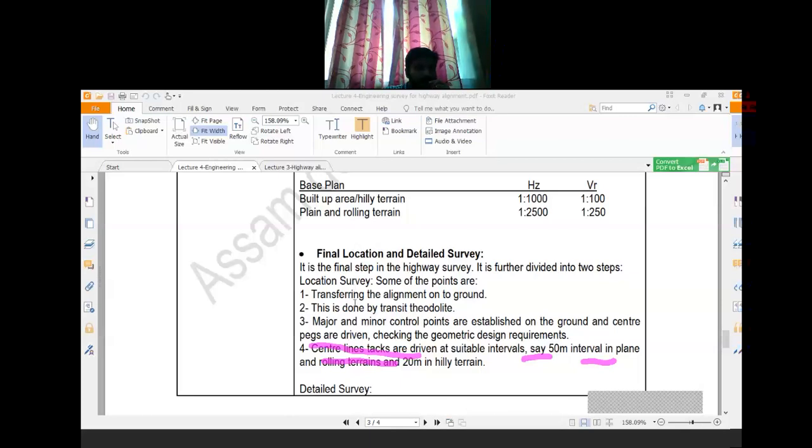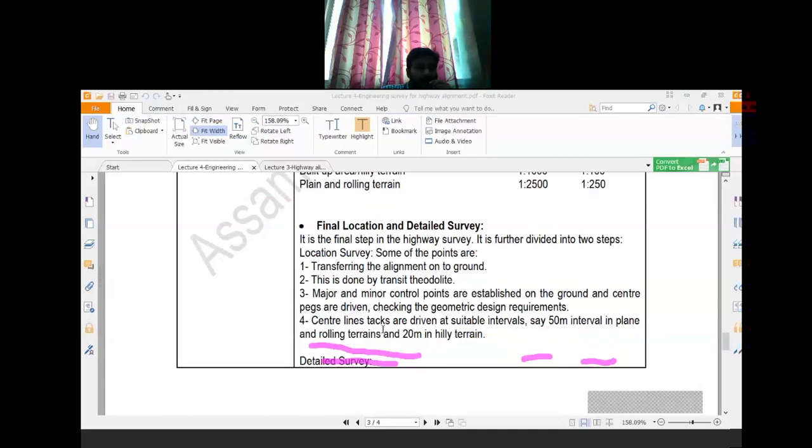In the location survey, one task is transferring the alignment to the ground. Whatever alignment you have decided from your map study, you need to transfer all these points to the ground through traversing or other methods, and this is done using the theodolite.